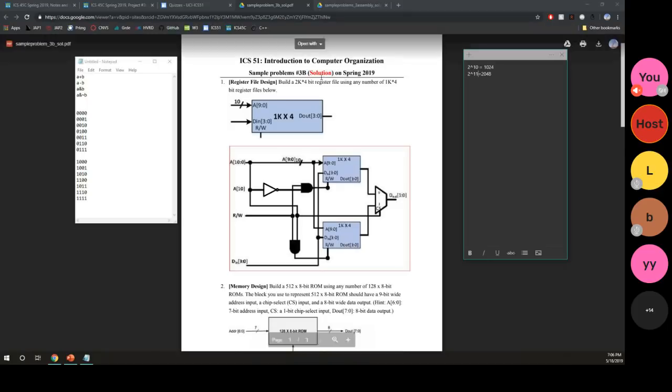And so that's just multiplying it again by 2. So it just makes it 2 to the 11th. So 2 to the 11th is equal to 2048, and so we're saying that we want it to have 2048 registers inside of it.